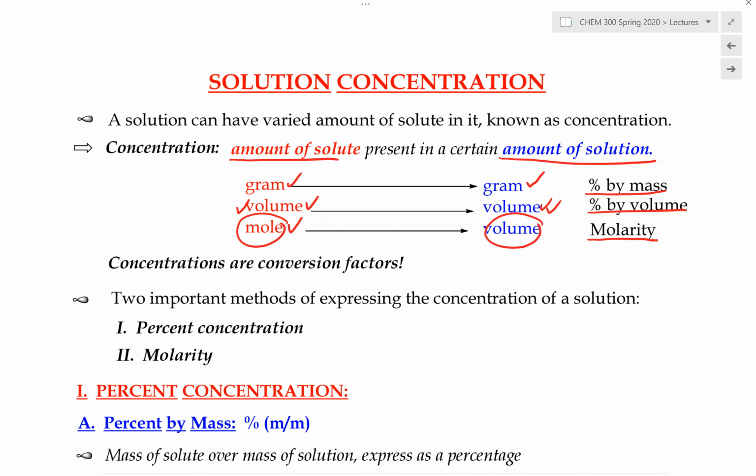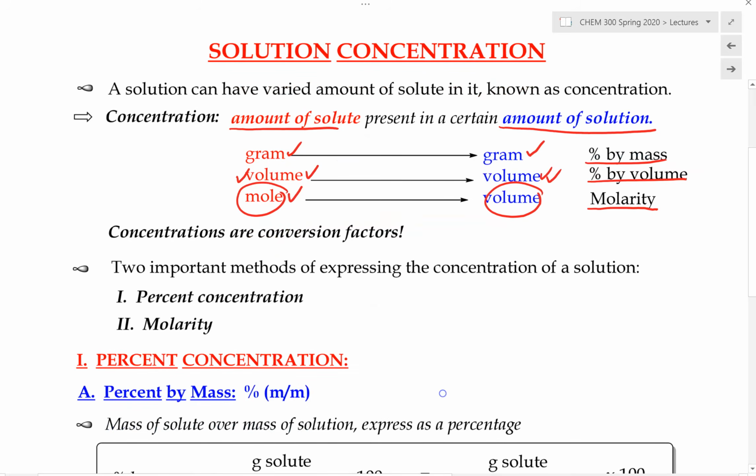Different methods have different applications, because depending on the setting that we are in, it will be more convenient to use one method of expressing the concentration over the other. We'll be going over these different methods and understand why we need to use them.